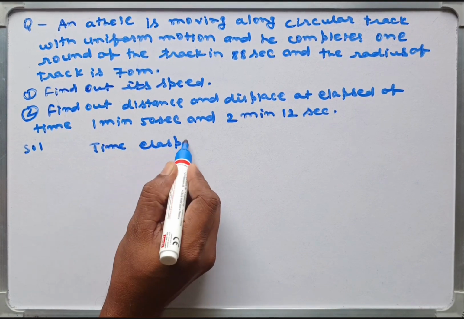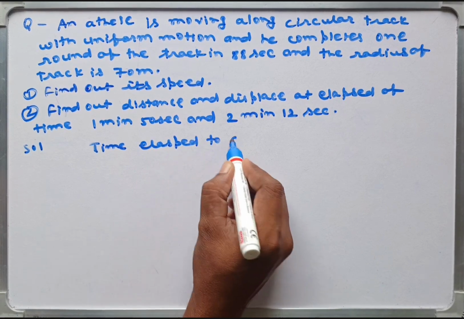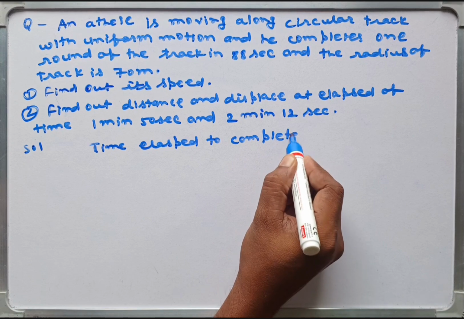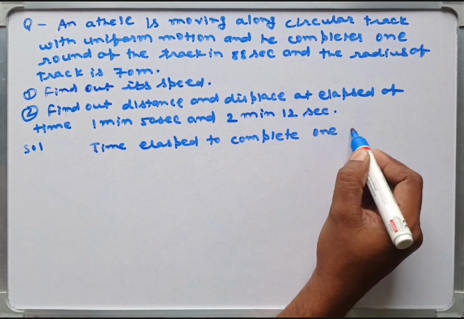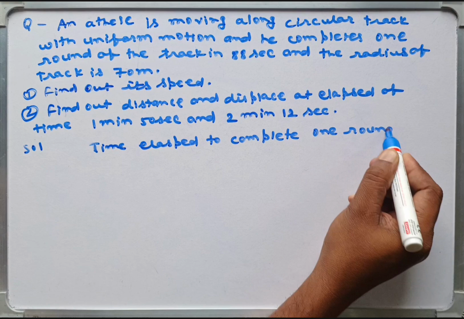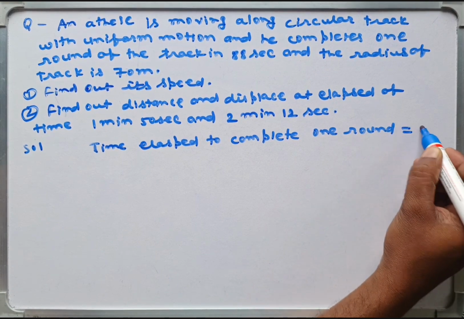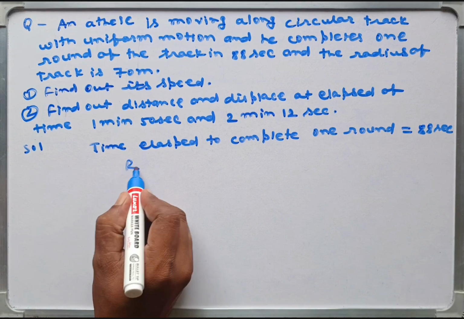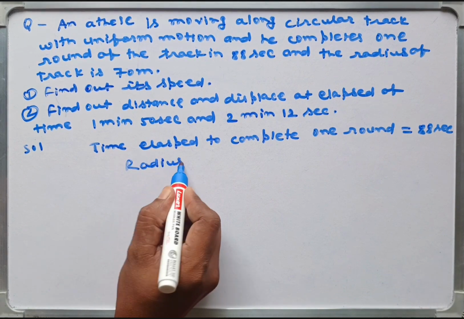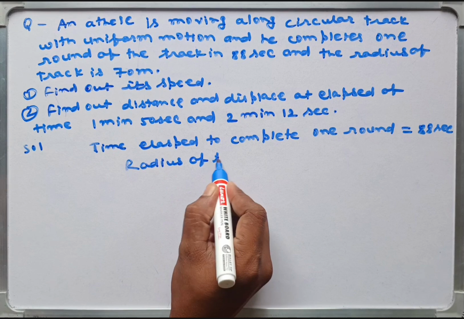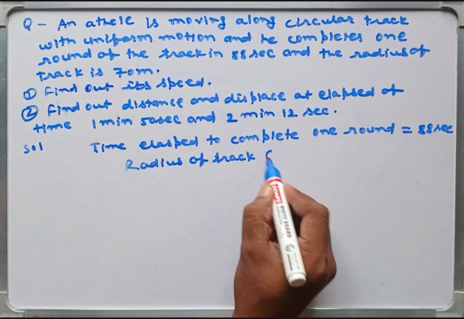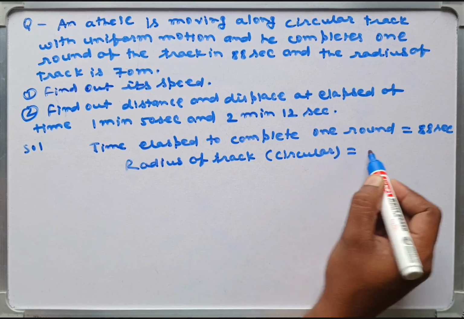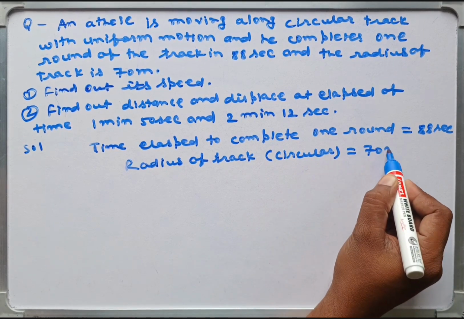Solution. First, the information given: the time elapsed to complete one round is equal to 88 seconds. The radius of the track, which is circular, is 70 meter.